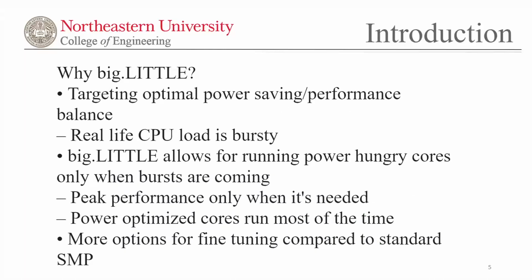Why do we need the big.LITTLE architecture? That is because there are different kinds of tasks. The bigger cores are used to handle computationally intensive tasks such as games, and the small cores are used to handle tasks that take a long time to run but require a small amount of calculation, such as calls and videos.